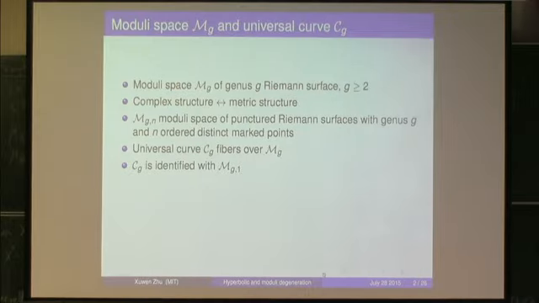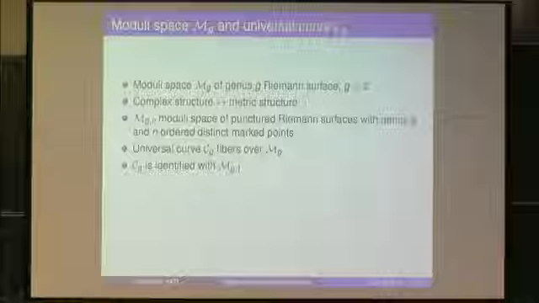Each point of M_g is a complex structure on the surface of genus g. There's a space called the universal curve, which fibers over M_g. It is basically a tautological bundle, where over each point I have my surface with the complex structure given by that point. So at each point, there is a complex curve.